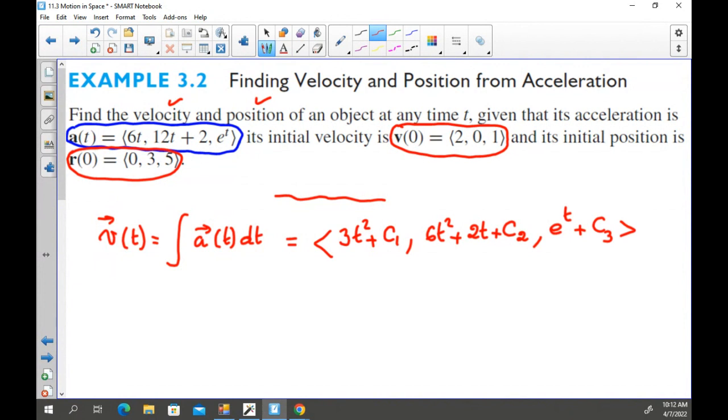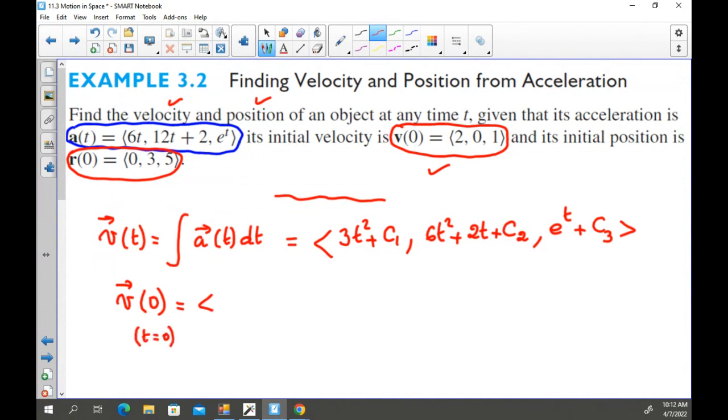Now, this is not the end of the story. I need to find C1, C2, and C3. How? By using V of 0. So V of 0, let me substitute. That means t is 0.